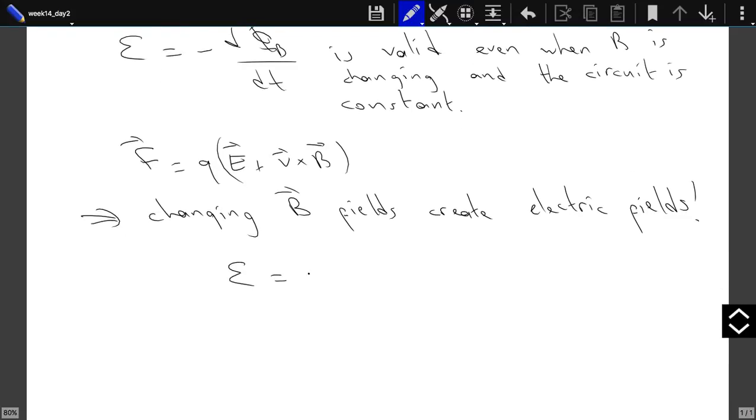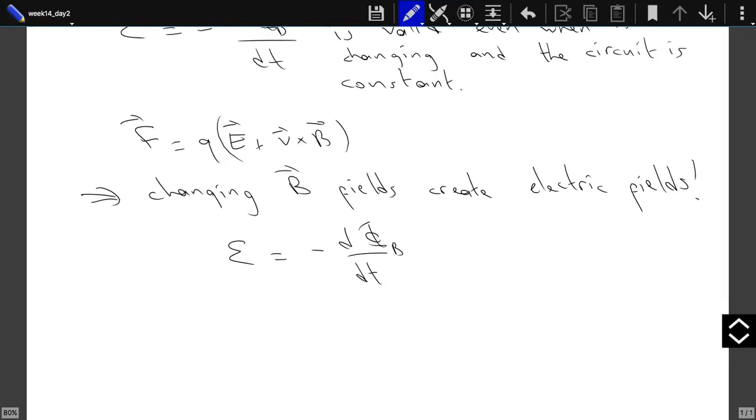Now, in terms of the electric field, this equation still holds. The circuit is not moving, so there's no other force than the electric field acting on our charges. So the EMF is created by this new electric field.